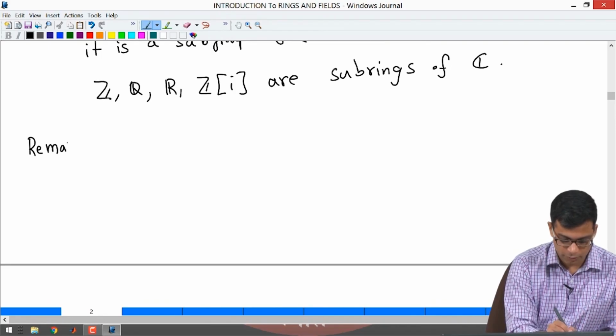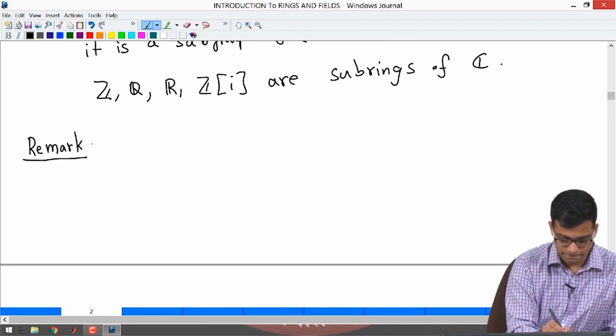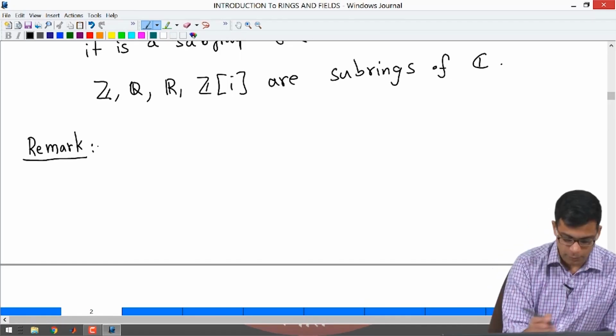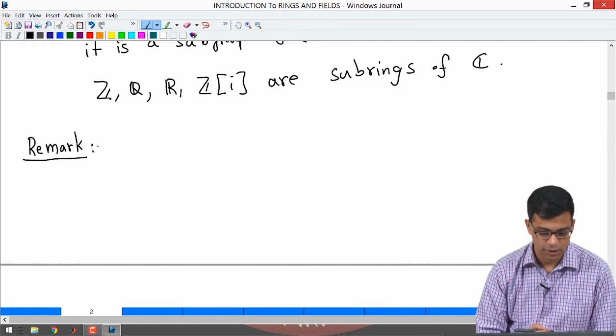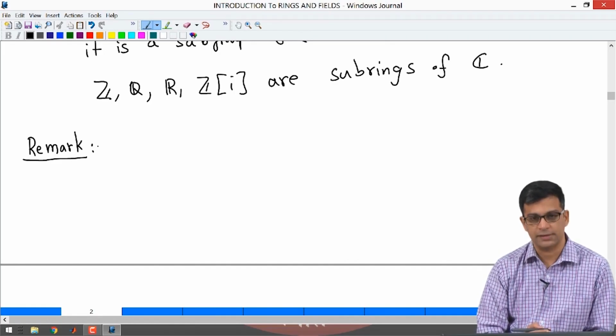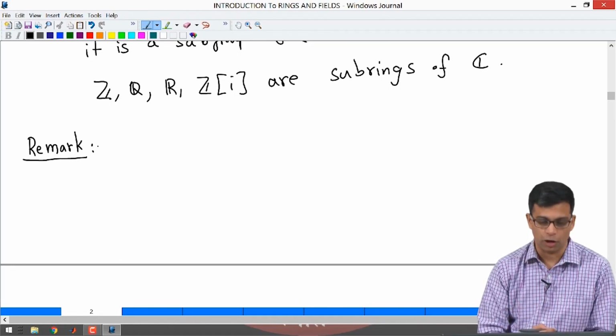So, let us say remark. Remember one of the properties in the definition of a ring was that the multiplication of the ring is commutative.